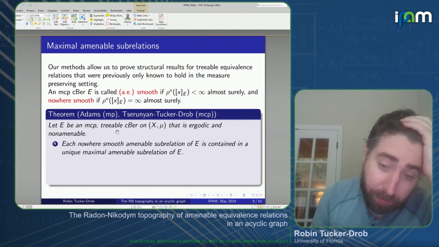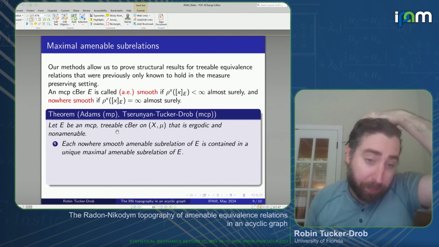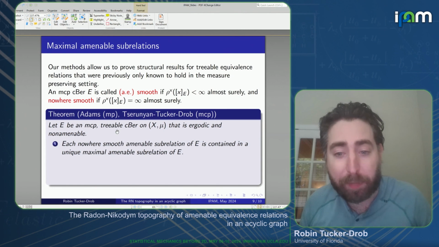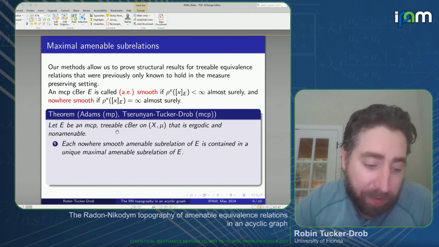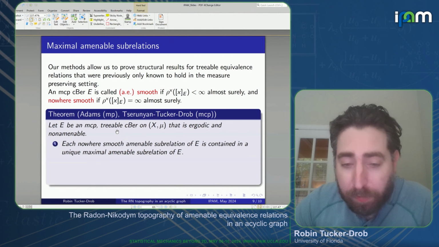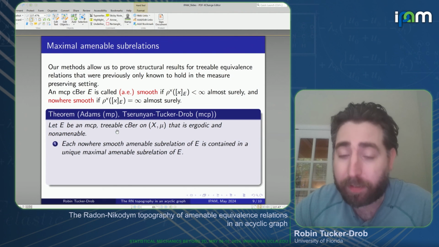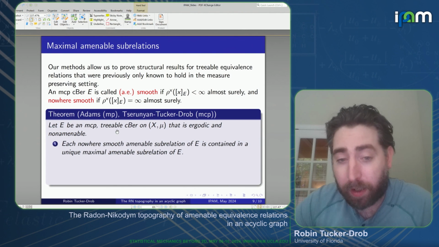These subrelations don't have to actually have anything to do with the tree. The tree is just some auxiliary thing that exists by hypothesis, but each equivalence class of the subrelation is going to be distributed throughout the tree in some crazy way, not a connected subset of vertices or anything.